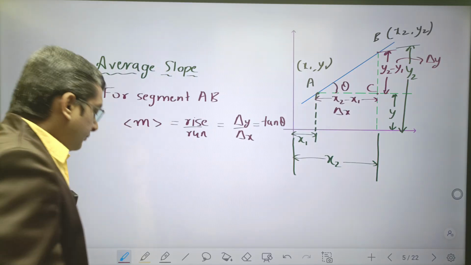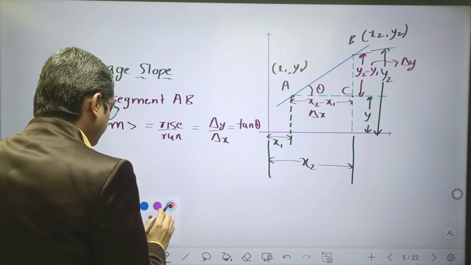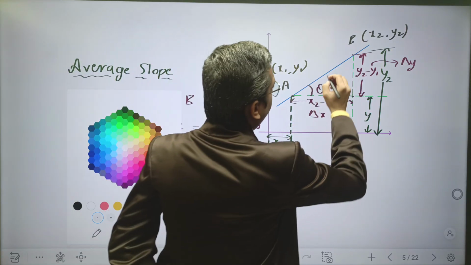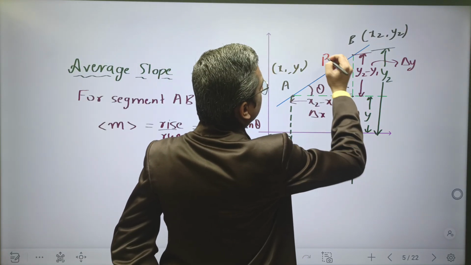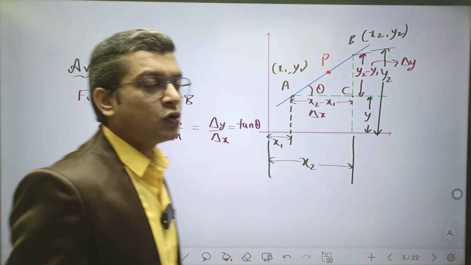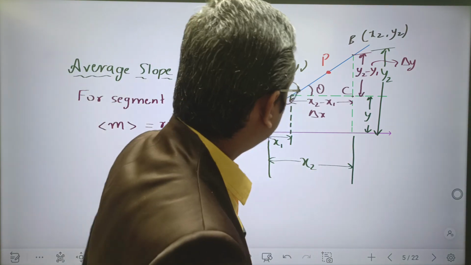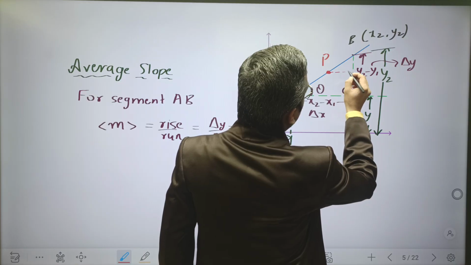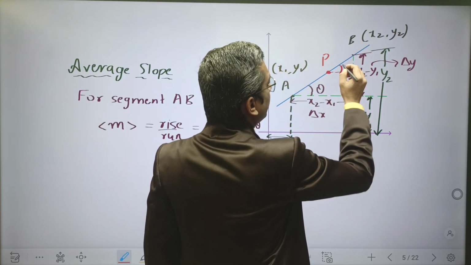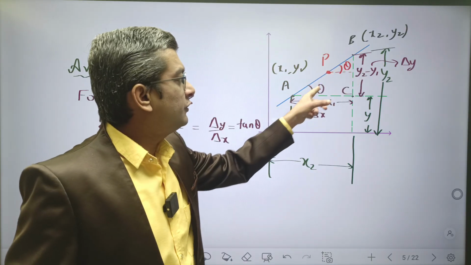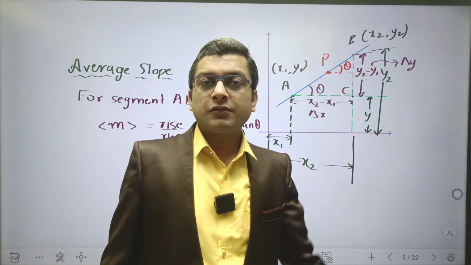Now, the most important point here is, suppose we have taken any point P and we have to find the instantaneous slope at point P. So what we do, we draw a line parallel to the x-axis here and take this angle. This angle will also equal theta, because this is a straight line and these two angles form a pair of corresponding angles.